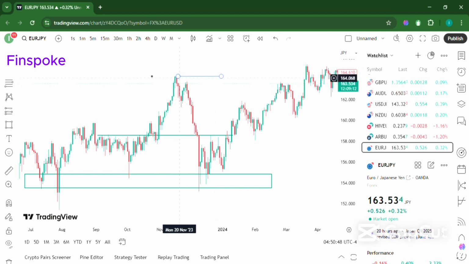I always tell you, don't consider the tip, consider the area as a zone. When you start seeing areas as a zone, it will help you make an informed decision and understand what is happening in the market. This is a double top. If this candle also gets to this place, it is still a double top. This is a zone. That is why we consider it a double top.